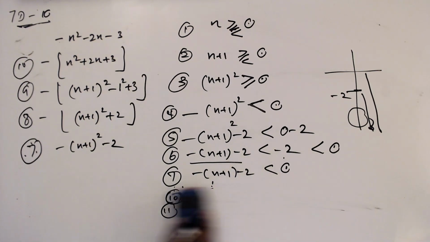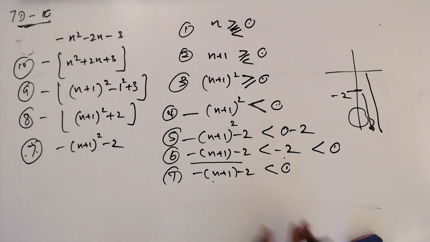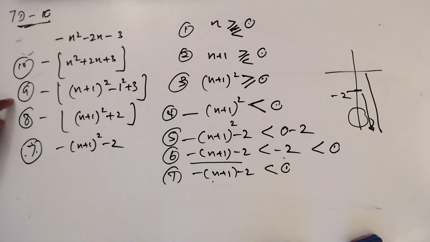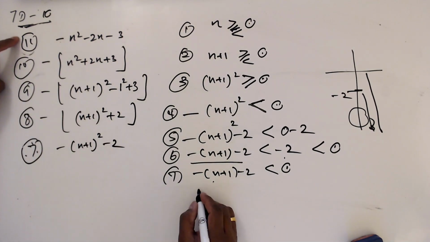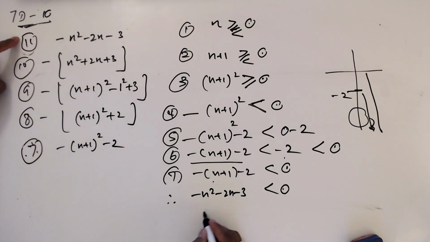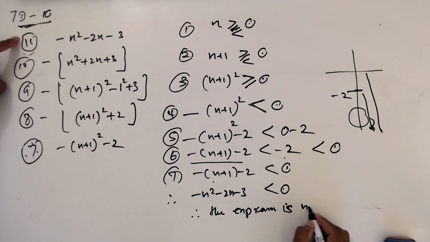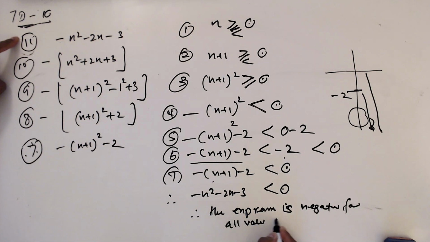But usually it is enough when you come to this level, minus (n plus 1) squared minus 2 less than 0. Without going through 7, 8, 9, 10, you can jump straight to 11. Hence minus n squared minus 2n plus 3 is less than 0. Then you can write: hence the expression is negative for all values of n.